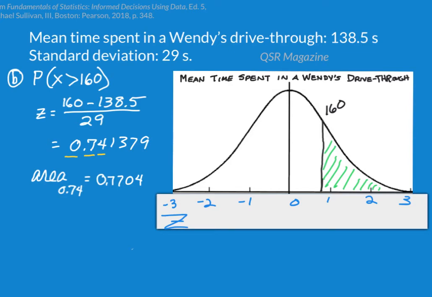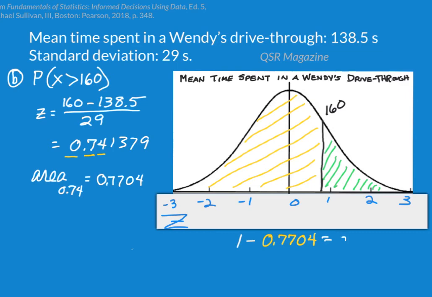All right, so we have that z-score and its associated area. But wait a minute, remember from the chart that the area given in that z-table is the area below the value of interest, below the z-score. So at this point, we have to remember that the entire area under the curve is equal to 1. And if we now subtract the area to the left of the z-score that we are interested in, then we will get the area under the curve above the z-score.